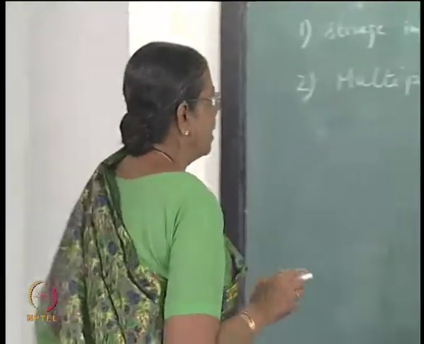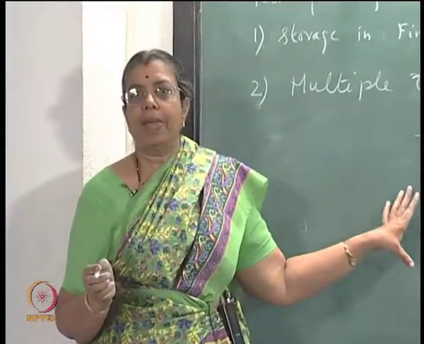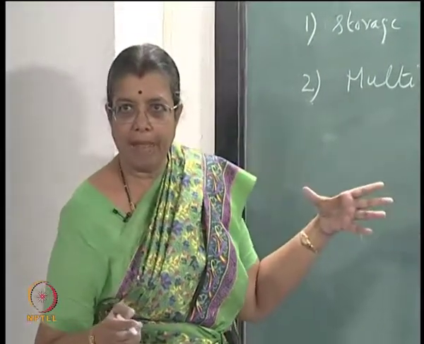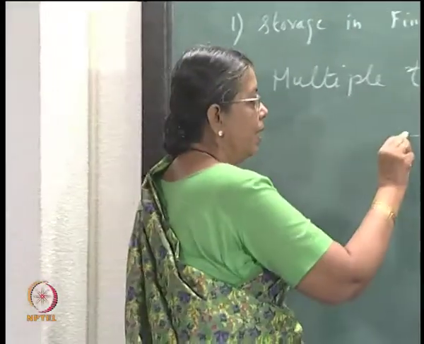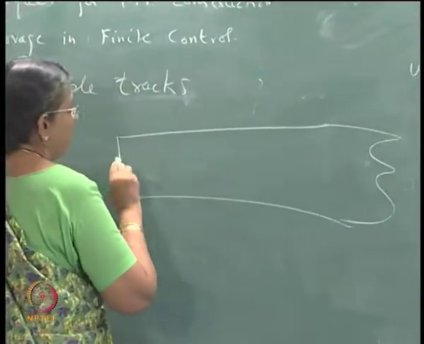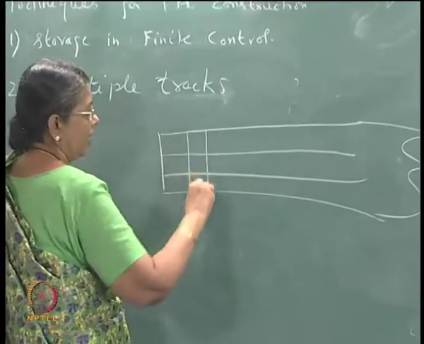You can have multiple tapes for the Turing machine, a finite number of tapes. But at present we are considering only one tape, but this tape can have multiple tracks. Any tape can have multiple tracks. So for example, it may be divided into say 3 or 4 tracks, something like this.